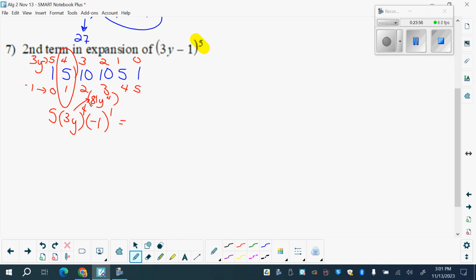And then we take 81 times 5. 405, and it would be negative because of the negative 1. And then that's y to what exponent? To the 4th. Questions on that?